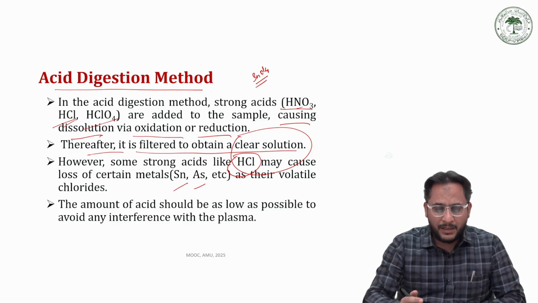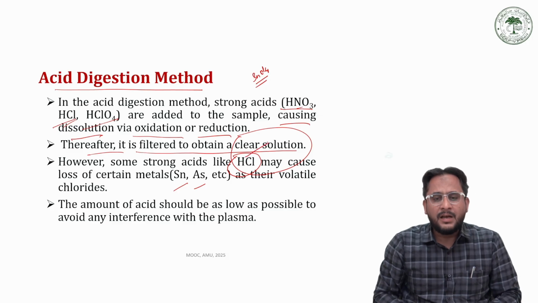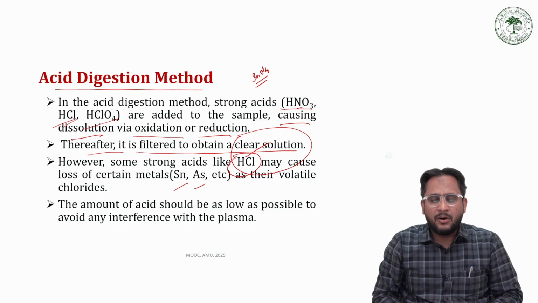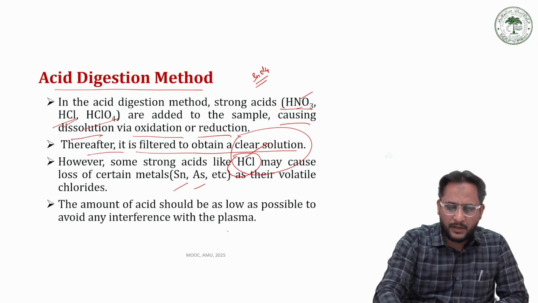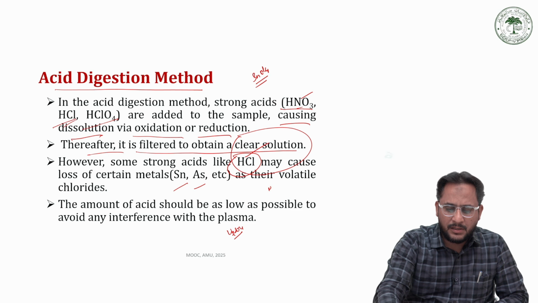in that case we cannot use HCl as the acid for digestion, although we have flexibility in this method. We can go for HNO3, even H2SO4, and even a weak acid like H3PO4.